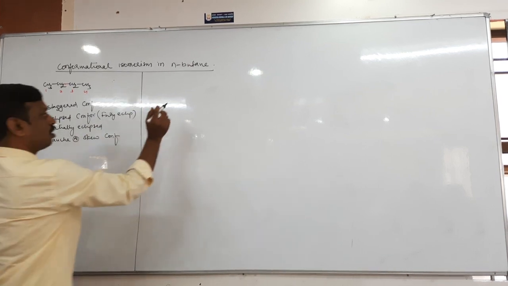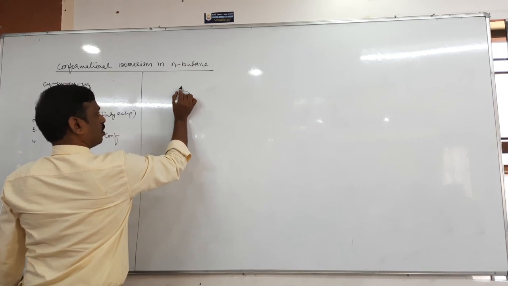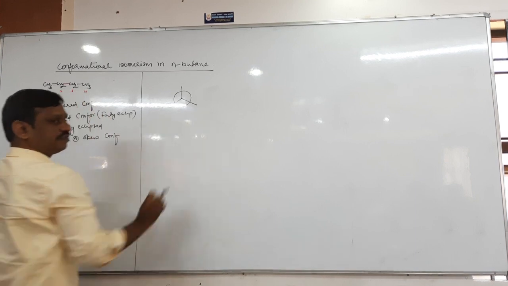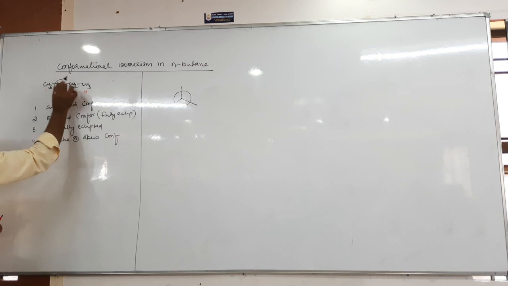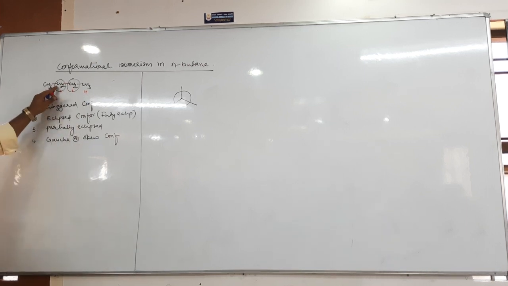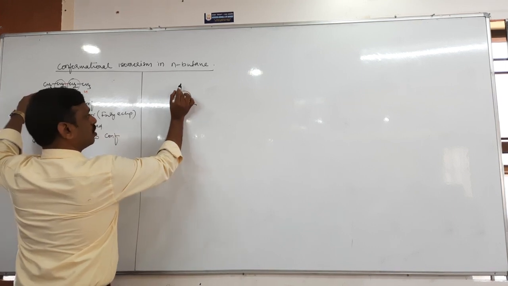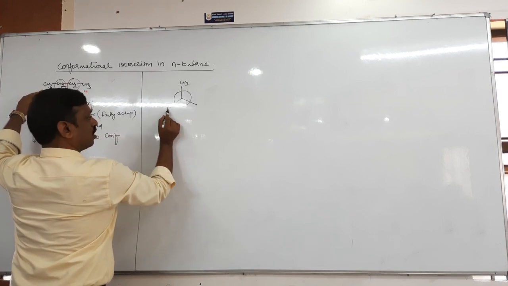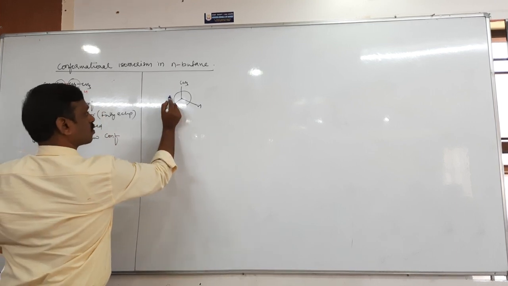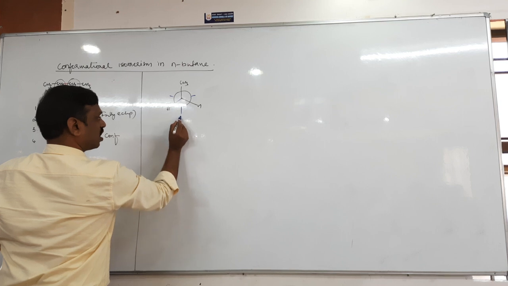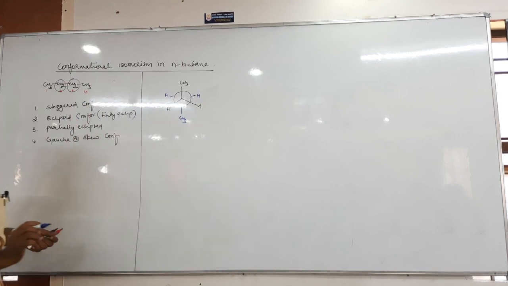Let me take the first one, the staggered conformation. Tell me, this is a front carbon and a back carbon. Take it as CH2, CH2. Each carbon has 2 hydrogens and 1 methyl. The front carbon has 1 methyl group and 2 hydrogens, and the back carbon also has 2 hydrogens and a methyl.